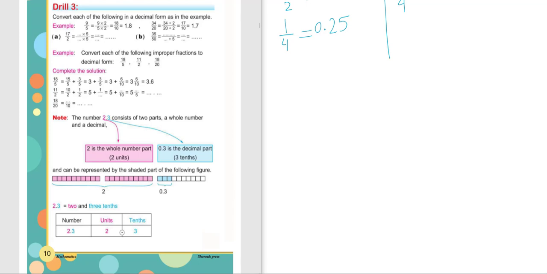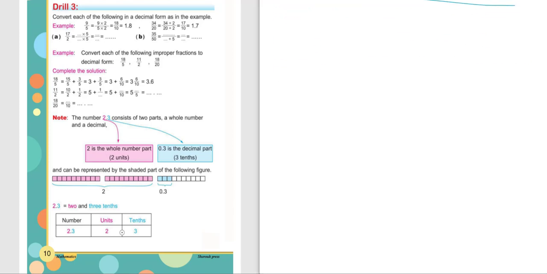So 5 times 2 and 9 times 2. 9 times 2 equal 18. 9 over 5, and this fraction is improper fraction. Notice that 9 is more than 5. So this is improper fraction. Multiply by 2 because we want the denominator equal 10. 5 times 2 equal 10, and 9 times 2 equal 18.